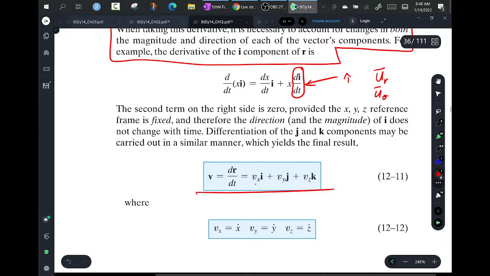Now, what happens to him is he's renaming this and renaming that and renaming this. So the time derivative of the position, x dot, is nothing more than this, dx/dt, which he decides, instead of just calling it x dot everywhere, I'm going to rename it a velocity vector in the x direction, and that's what he's doing.